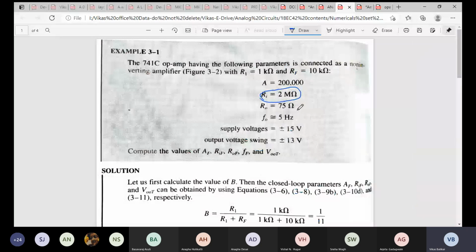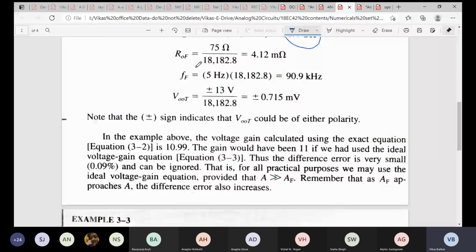RO without feedback is in terms of ohms, 75 ohms. When you impart the feedback, RO will become ROF. So the new value of ROF is 4.12 milli ohm, which means it is even smaller than this 75 ohms. Again, that is one of the beauties of imparting negative feedback, or the concept of feedback, to the amplifier. So the ROF value is 4.12 milli ohm.